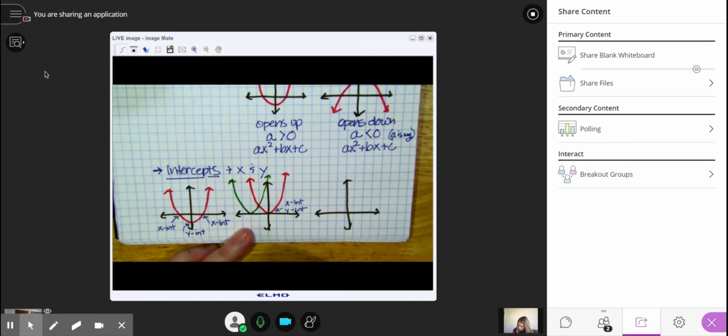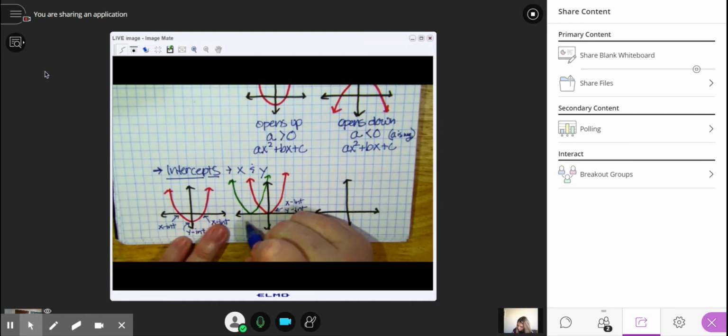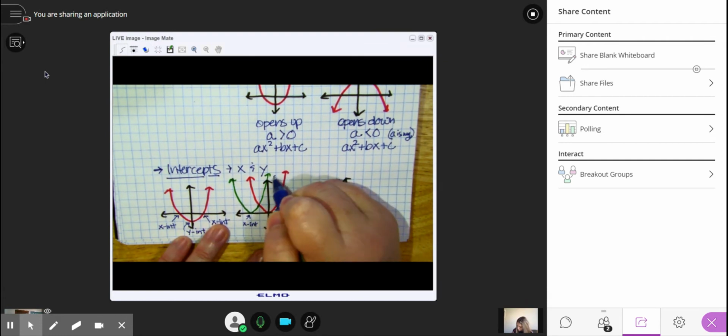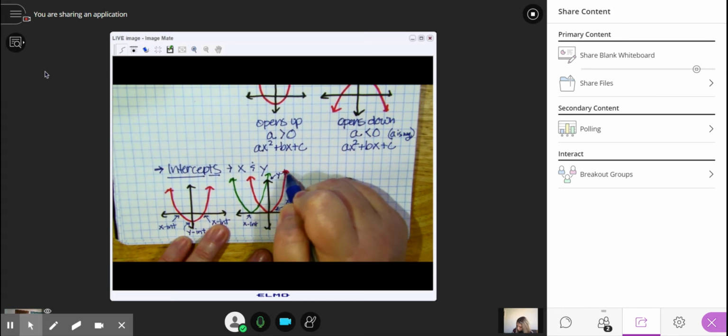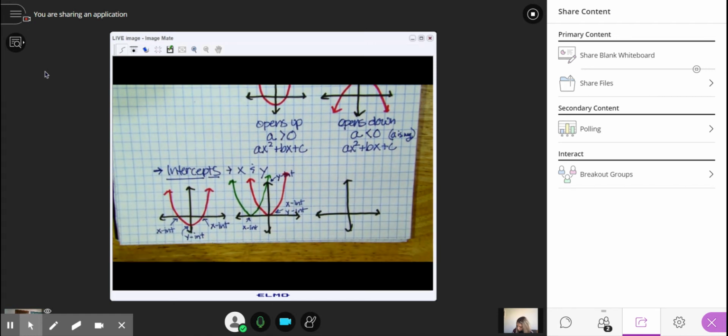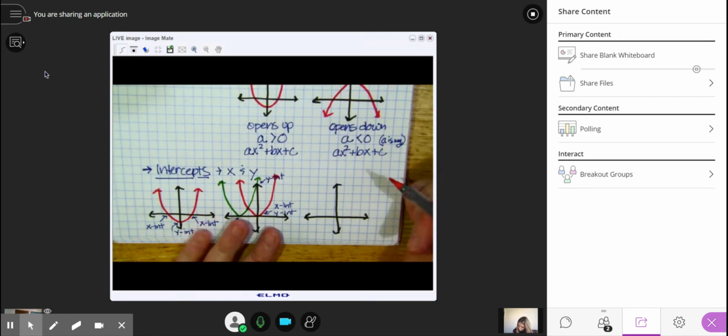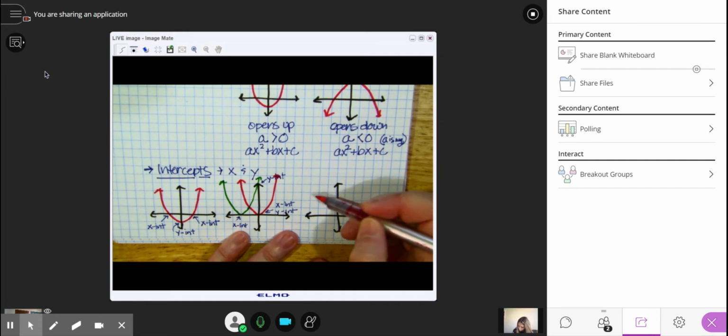They're not the same in this one, but, and then you can have a case where you don't have any x-intercepts.